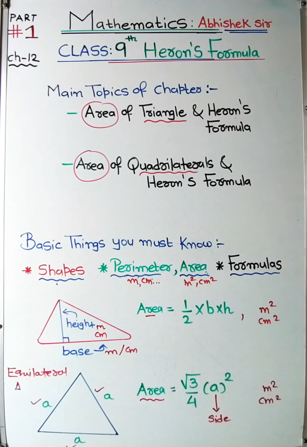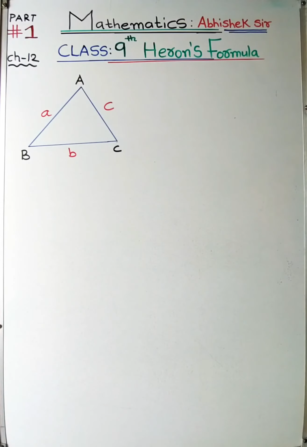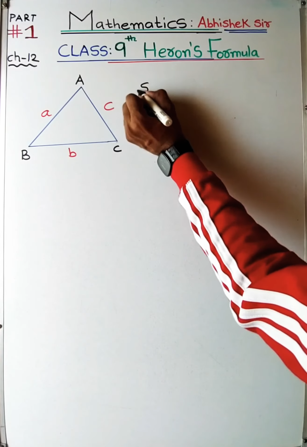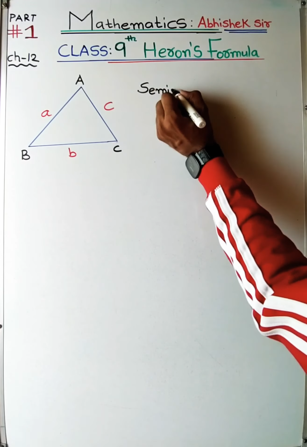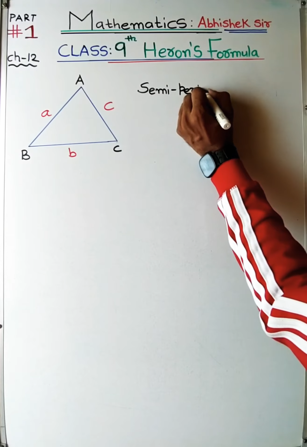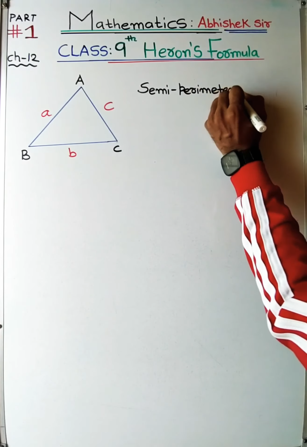Now let us go for the real Heron's formula and how we will use it. Let us start with the original formula, but before that let us learn about one thing that might be new for you, that is semi-perimeter. You all know till now about perimeter.